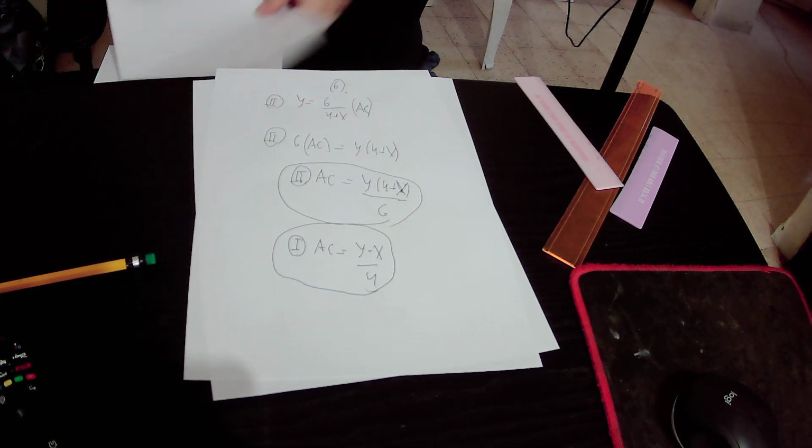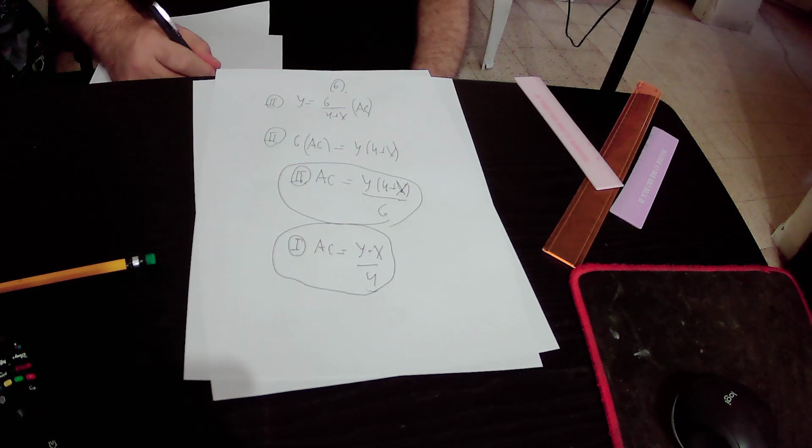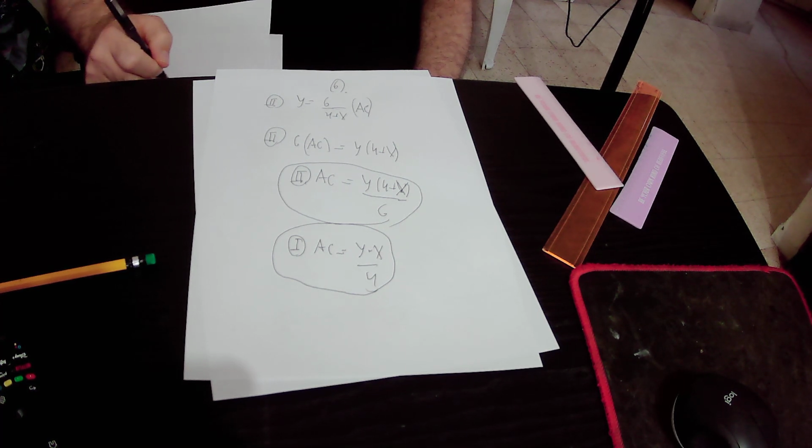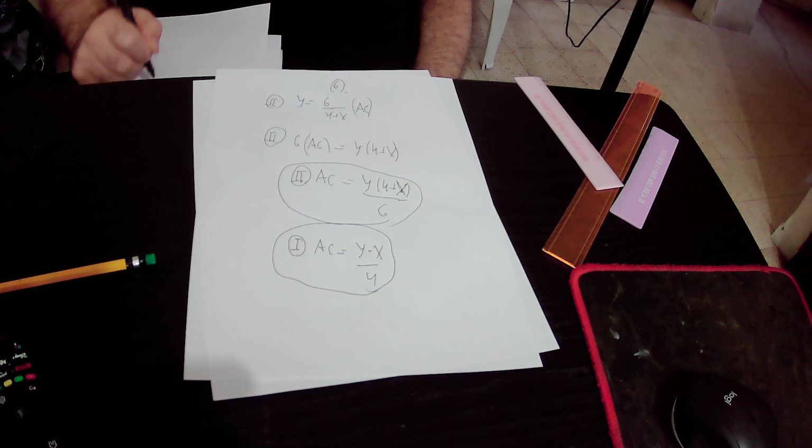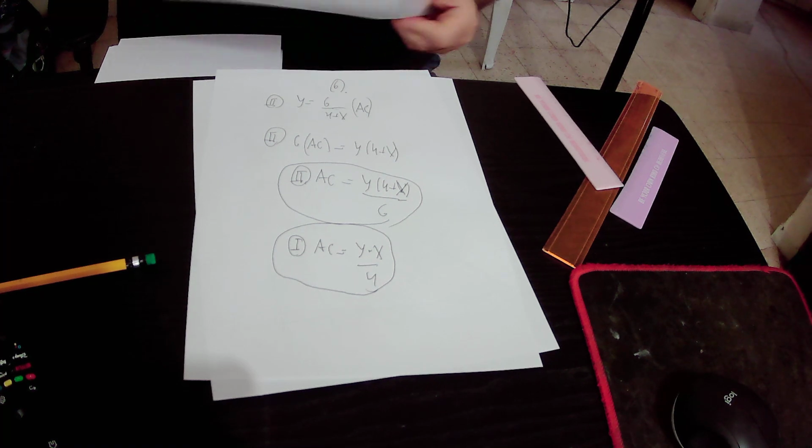We will get that AC according to equation number 1 is Y times X over 4, and AC according to equation number 2 is Y times 4 plus X over 6. So we got this equality.